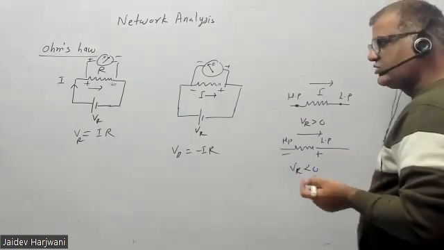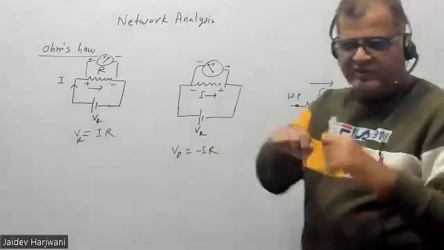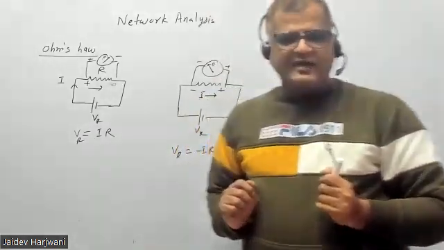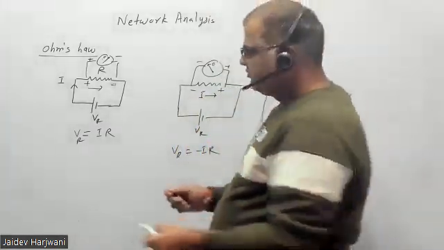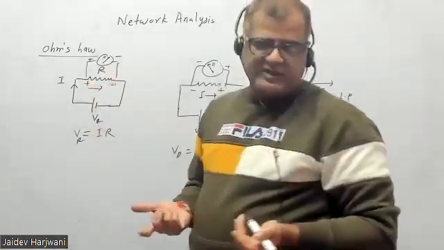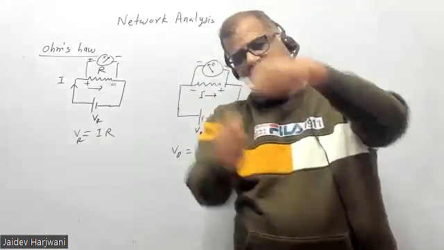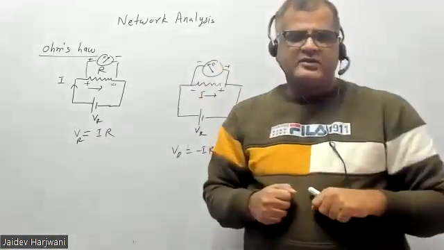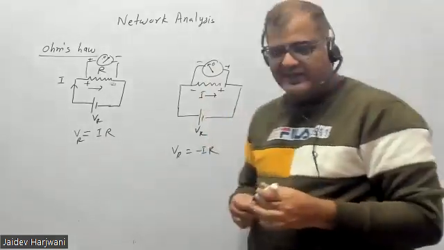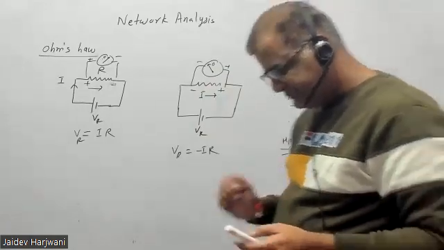So actually the drop is here to here, but you're putting the voltmeter on the opposite side. That convention you should always remember, how you are measuring the voltage. If you're measuring the voltage in the direction of the current, then no issue, you get a positive sign. But if you are opposed, you are changing the polarities, then you have to put the minus sign whenever you want to write the drop. Is that clear?